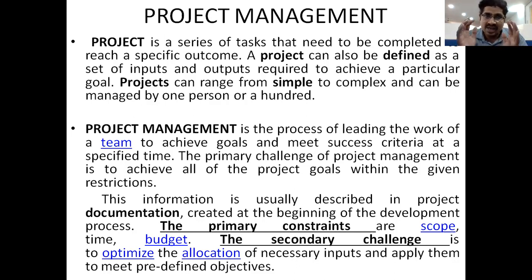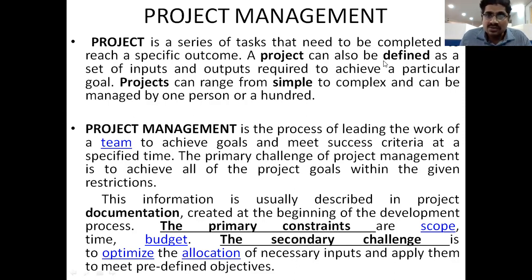It is a set of tasks or future courses of action, pre-decided and pre-designed to complete the flyover. That set of tasks to complete a specific outcome or a specific contract is called a project.